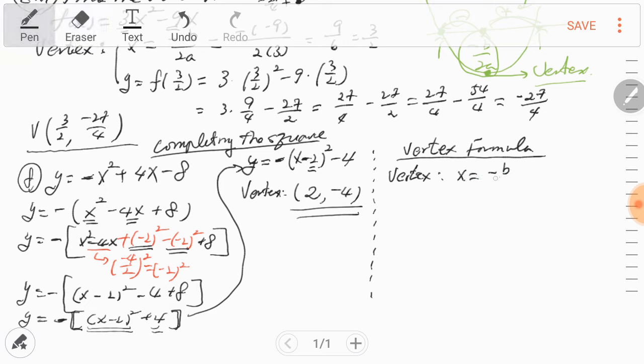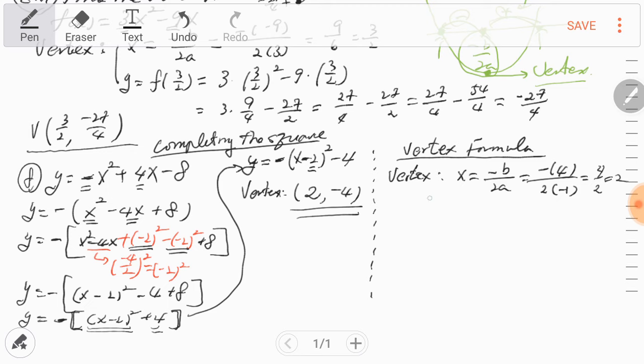Negative b over 2a. So negative, and then b is 4 over 2 times a. What is a? Okay, a is negative 1, b is 4. So negative 4 over 2 times negative 1 is equal to positive 4 over 2, equals 2.